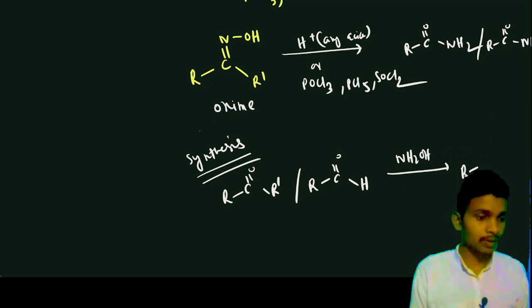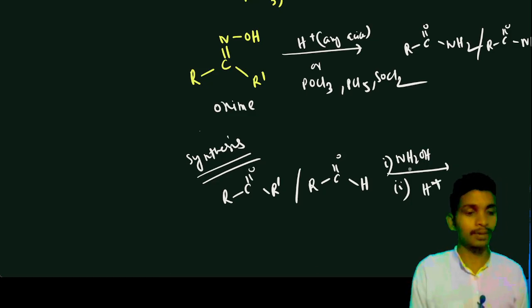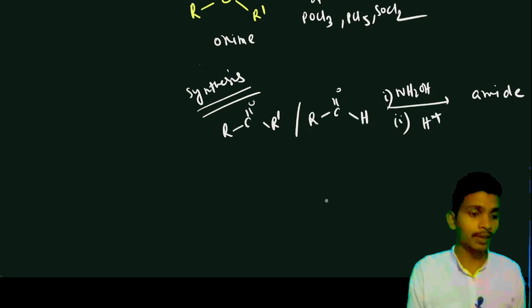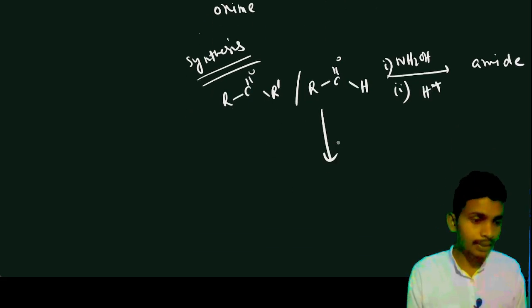Secondly, they will give acid groups, H plus. Then from here we will also get the amide groups. How will it happen? Let's say if I use NH2OH, then water will be released.